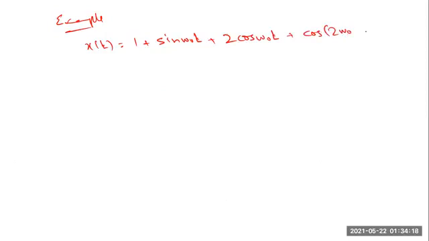Okay. Now, let me take another example. You may be given a signal which is like this: 1 plus sine omega naught t plus 2 cos omega naught t plus cos 2 omega naught t plus pi by 4. Now, as is clear, this signal is made of a constant and then sine, cosine, cosine, so it is a periodic signal, but we want to represent it in the complex Fourier series representation.